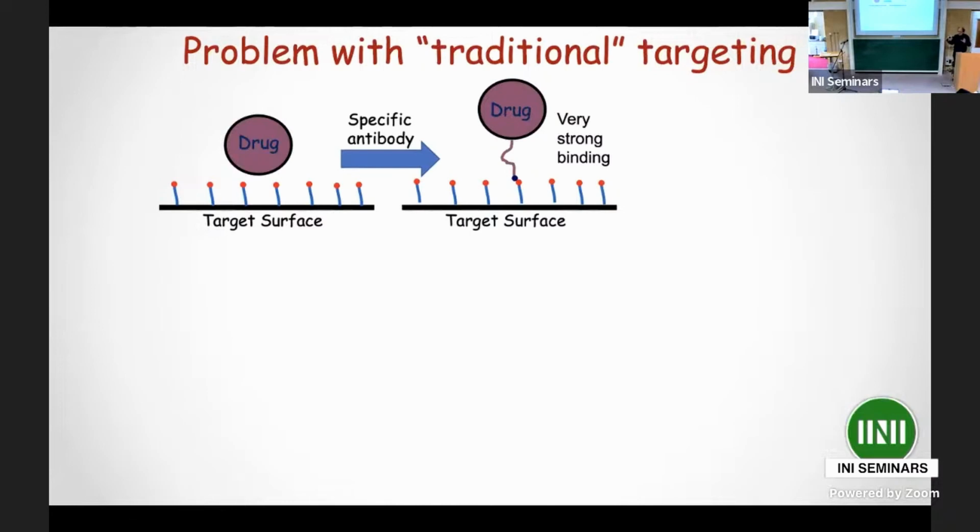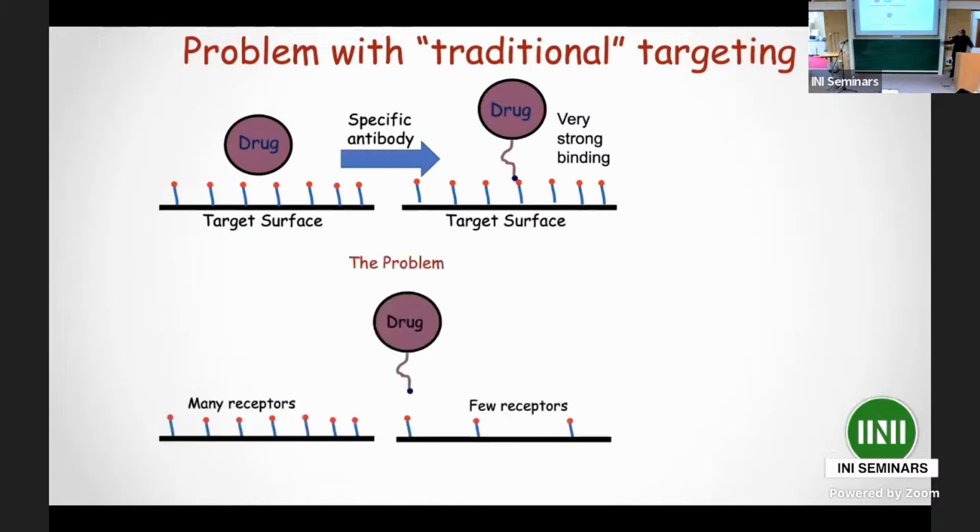So we have cells that express the same receptor but in different quantities or different densities, and we want to target like here. So we want to target these cells which overexpress a certain receptor and not these cells.